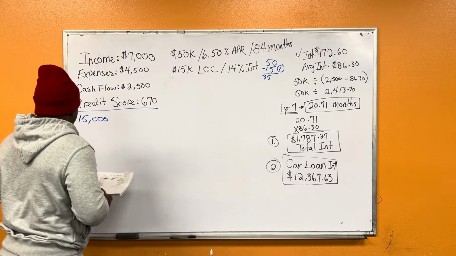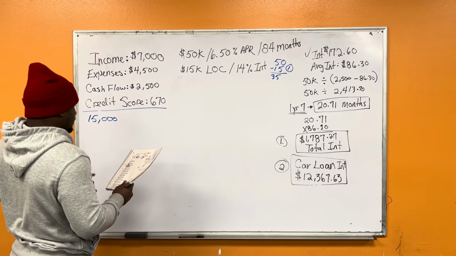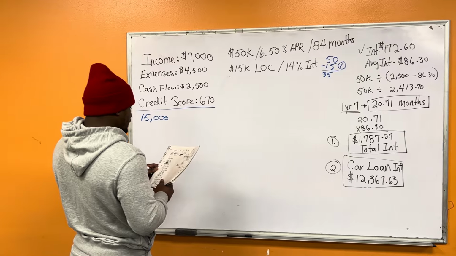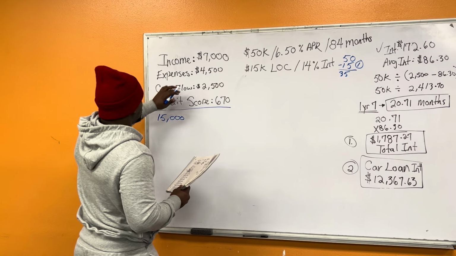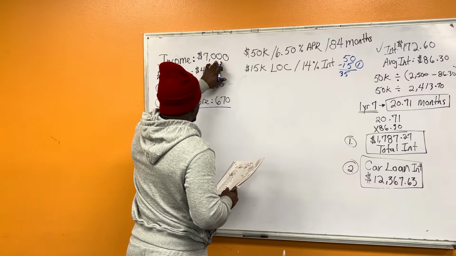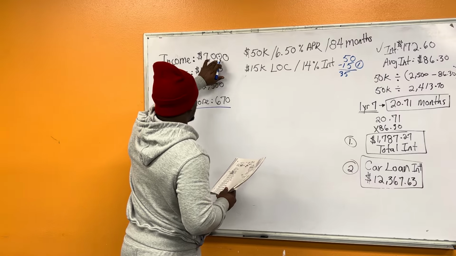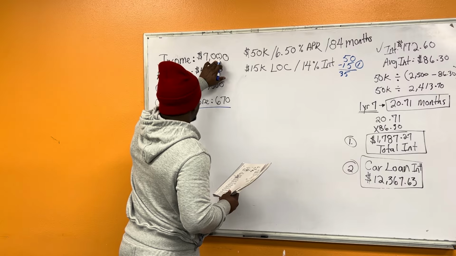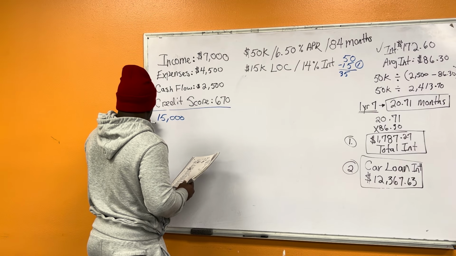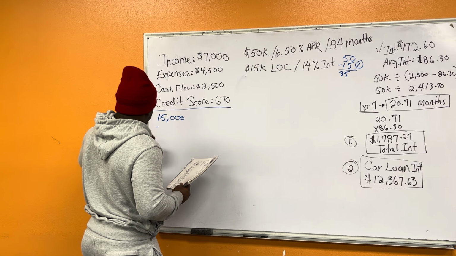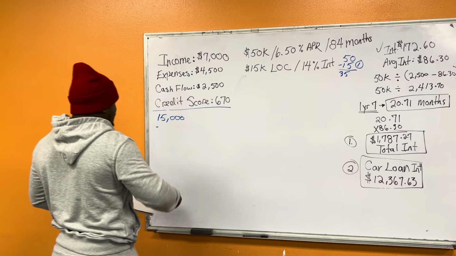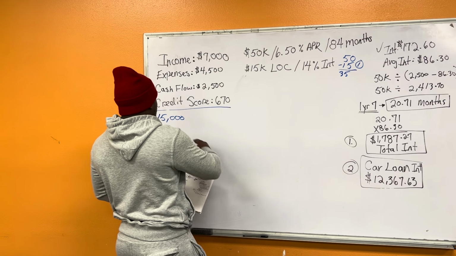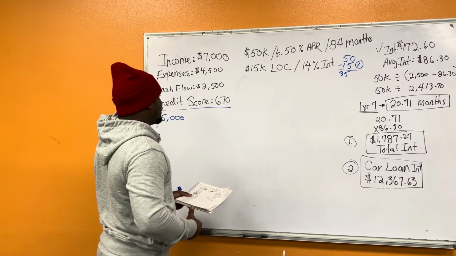So it's 15,000. The first thing we do, we get our first month's income, right? Our first month's income, we make $7,000. So what we do, we come here, and we put the $7,000 inside of the $15,000 line of credit.